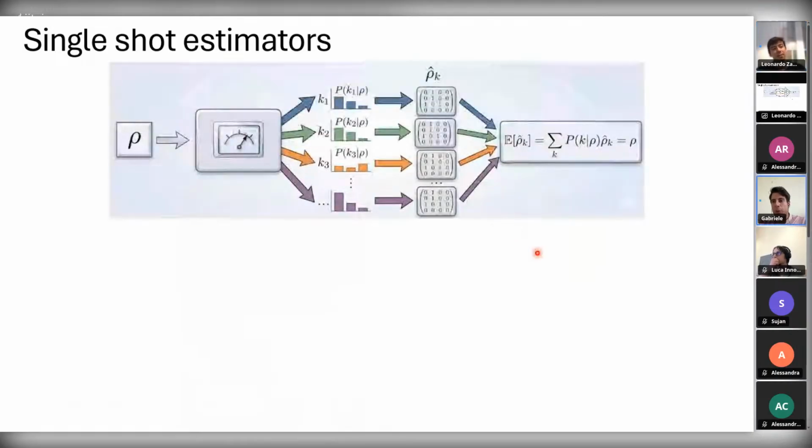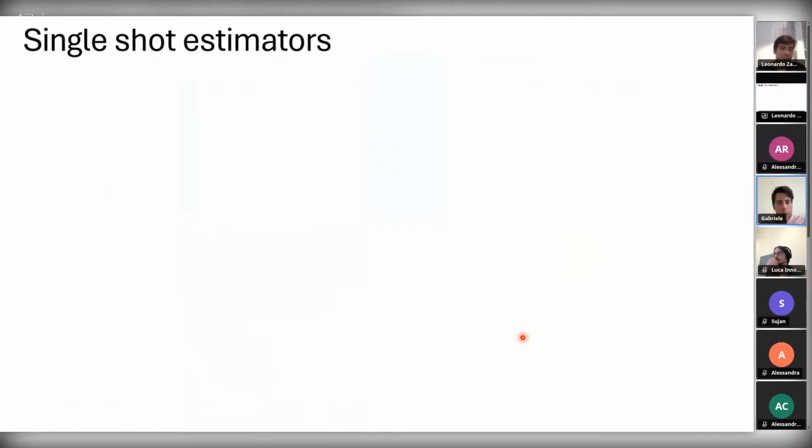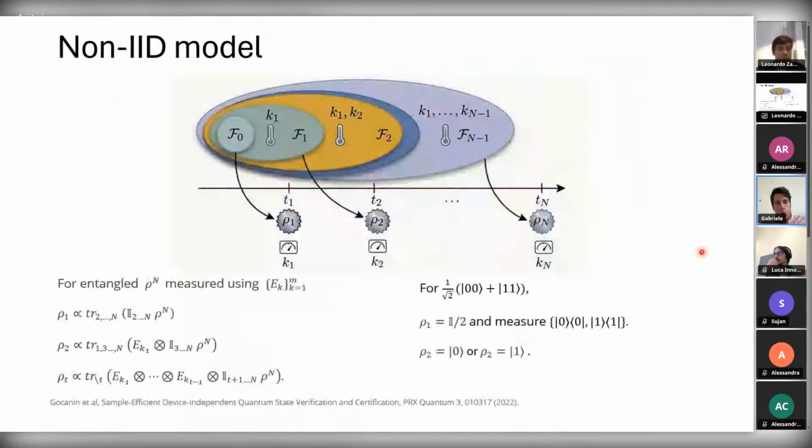Can I ask a question before going on about the last slide? When you made the example of the entangled state, the non-IID hypothesis is on different copies of the entangled state, right? I mean, if I prepare different copies of rho n, and these are not IID, right? Is this the right interpretation? Yeah.